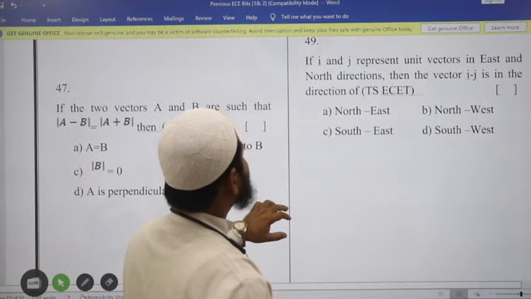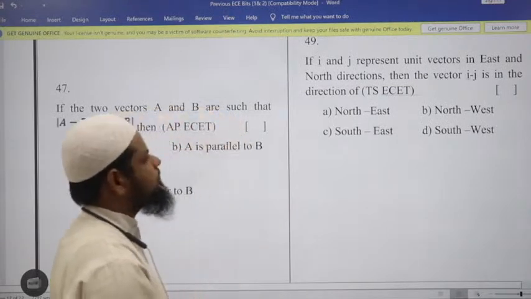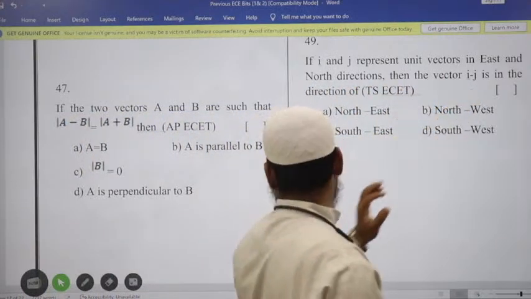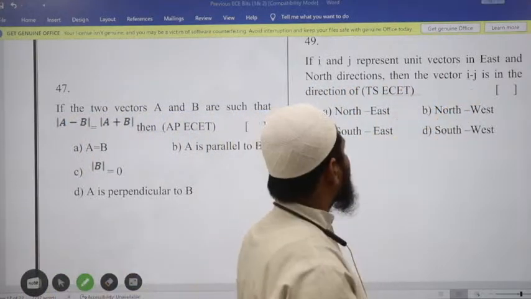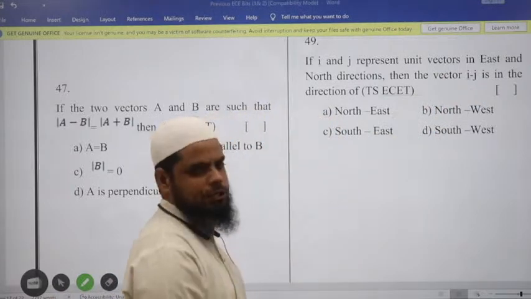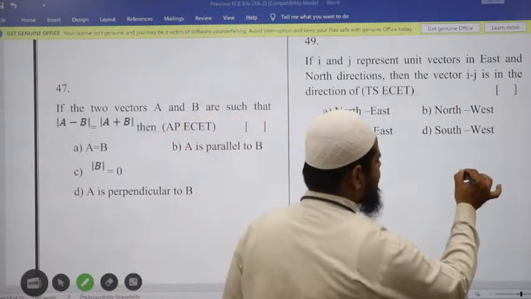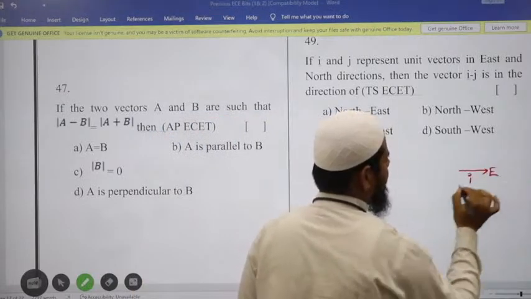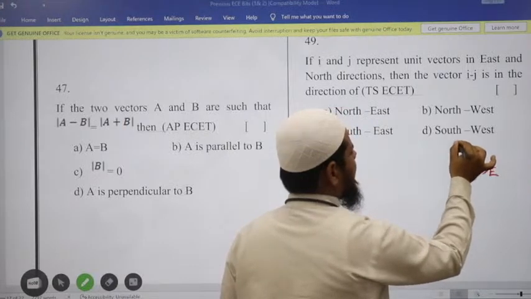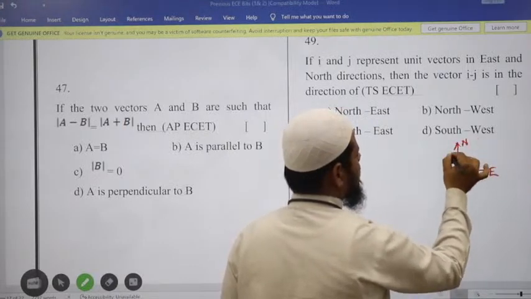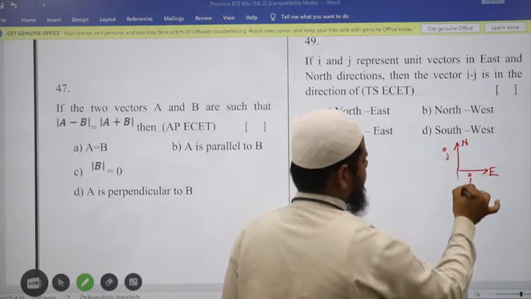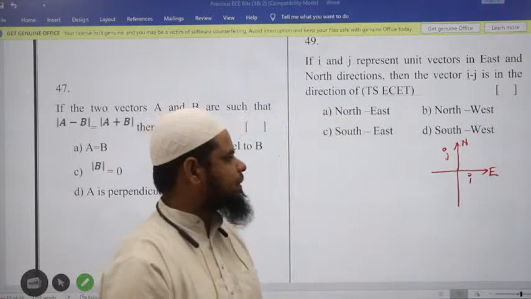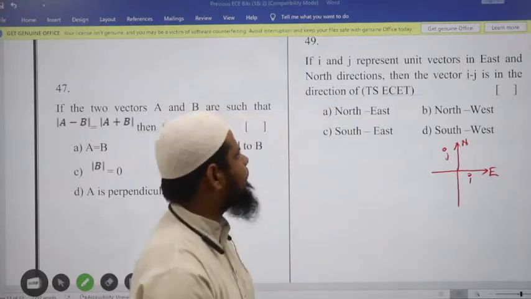49. If I and J represent unit vectors in east and north directions. Look at this. I is in east direction and J is in north direction.